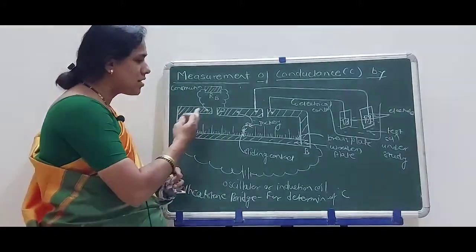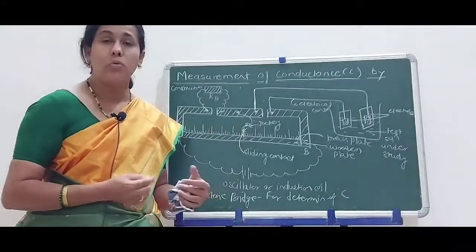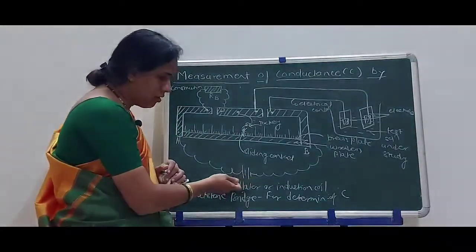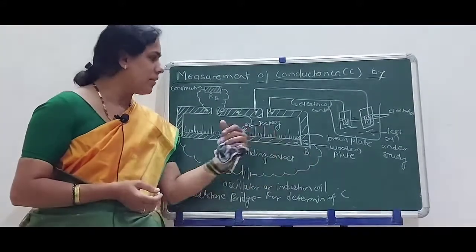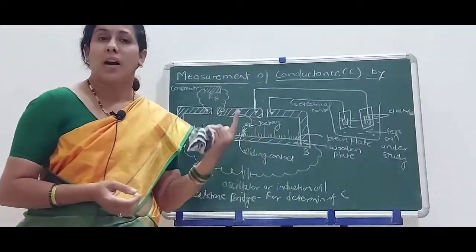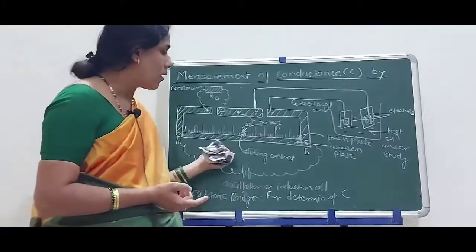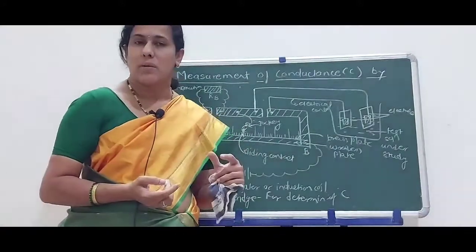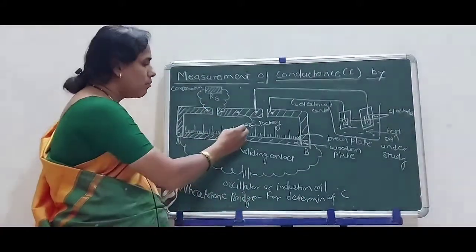Then they are dipped into place, through which electrical contact is made in the Wheatstone's bridge circuit. Once the circuit is completely made, we check it by joining the oscillator or induction coil through the A and B ends. Once we get a loud sound through the headphones, the completion of the circuit is confirmed. Now the working.